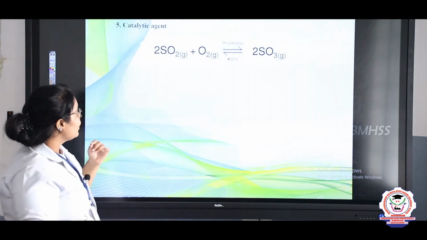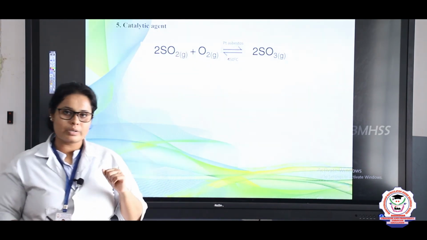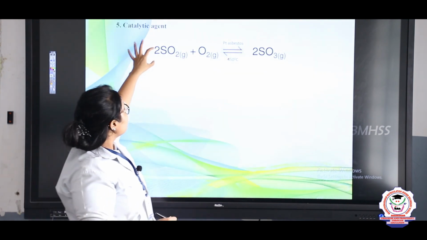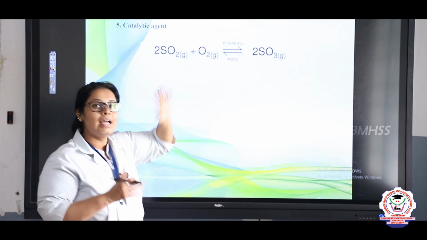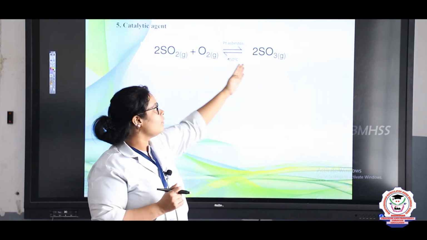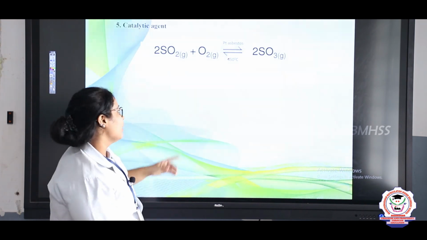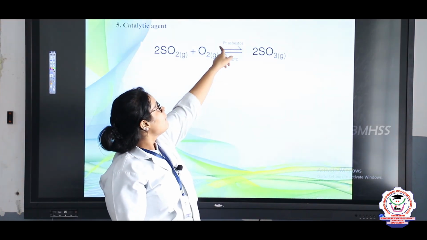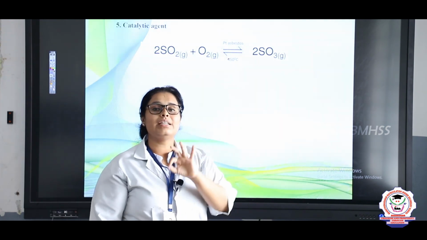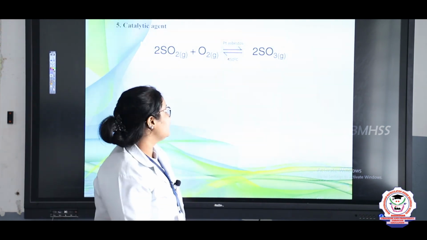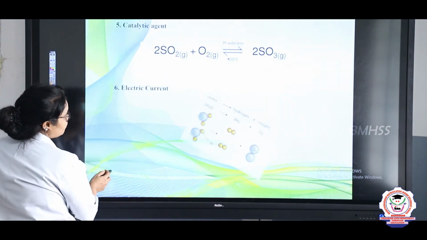Whenever a catalytic agent is used, we have talked about catalysts, right? Now here SO2, sulfur dioxide, reacts with oxygen to give sulfur trioxide. Tri means 3 oxygens are there, in the presence of platinum asbestos, and the temperature is fixed at 450, right students?